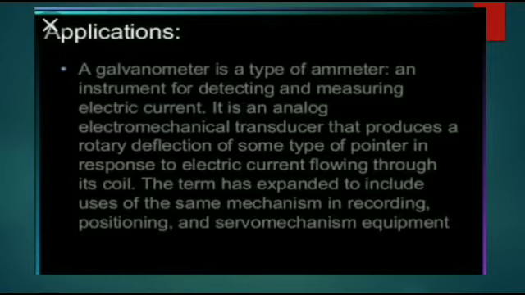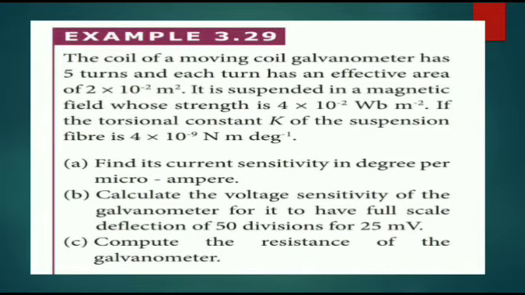The term has expanded to include uses of the same mechanism in recording and positioning equipment and servo mechanisms. Most electromechanical equipment uses the moving coil galvanometer.